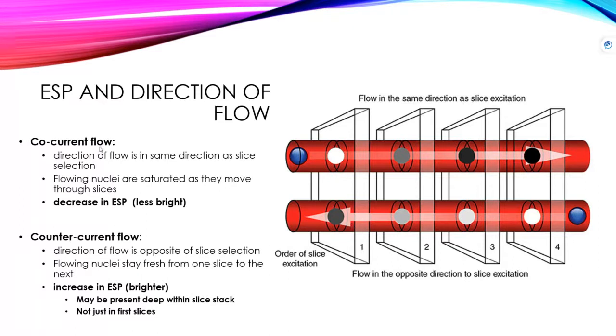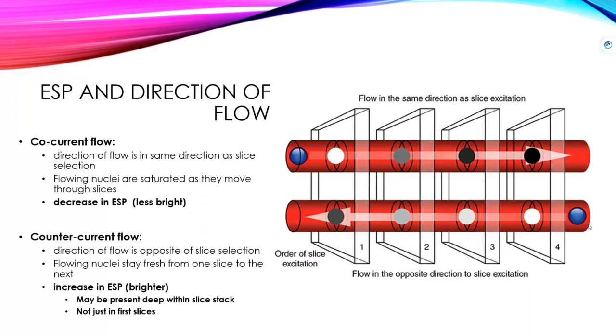With co-current, where the flow is in the same direction as slice acquisition, the spins are going to be less bright. The flowing blood is not going to show up very bright after the first slice.